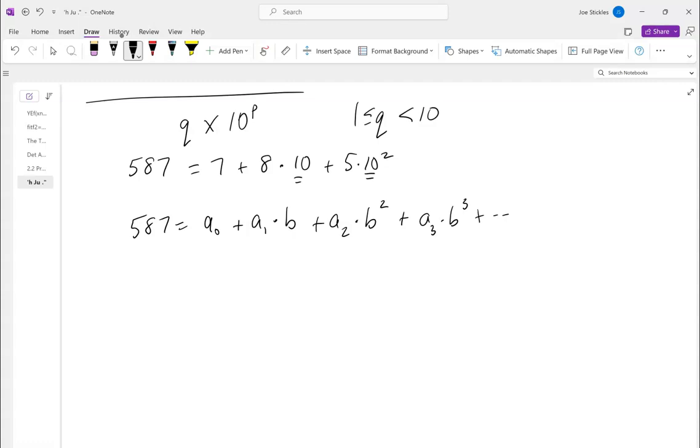I want to write it where I know that this is the zeros place digit, this is the B to the first place digit, this is the B squared place digit, B cubed place digit, and so on down the line.